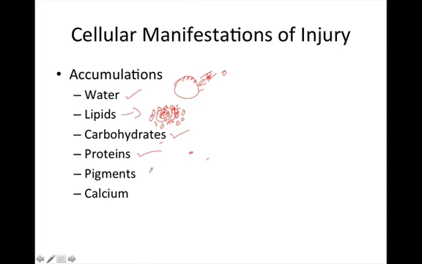All right, pigments. A lot of this you see related with the skin. For example, when you suntan and have excessive sun exposure to the skin, you're going to increase your melanin output, which causes your skin to darken.